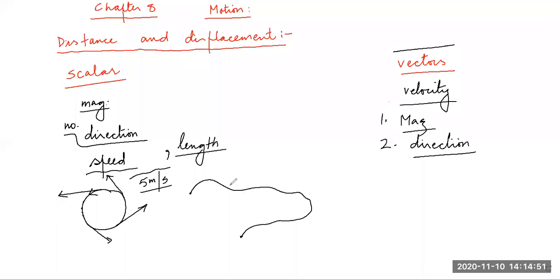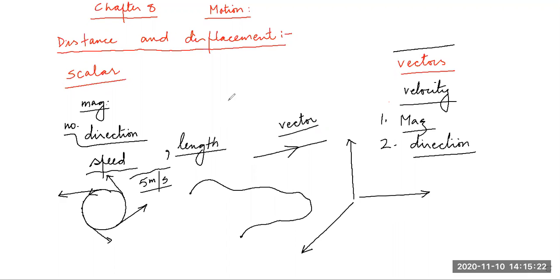In this case, though it's a curve, I say length, it's scalar. But when I talk about some length with a particular direction, it becomes a vector. For example, your x-axis, y-axis, z-axis, they have particular direction and they have length also, infinite length.